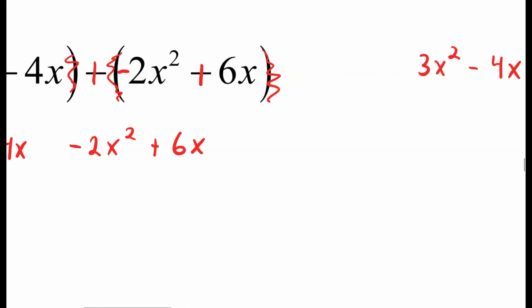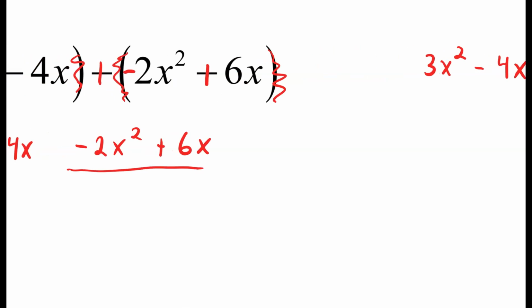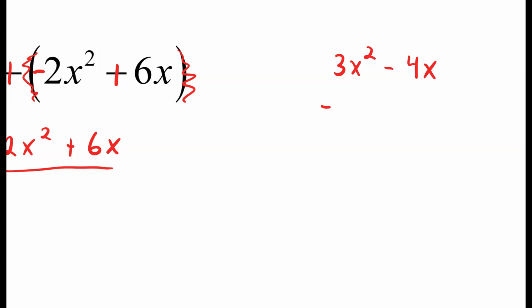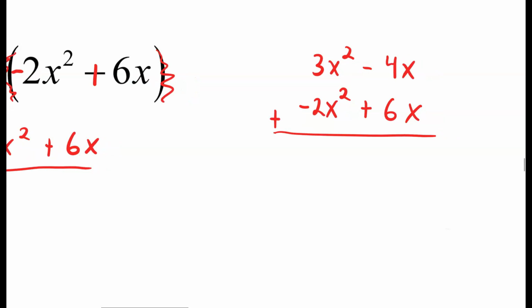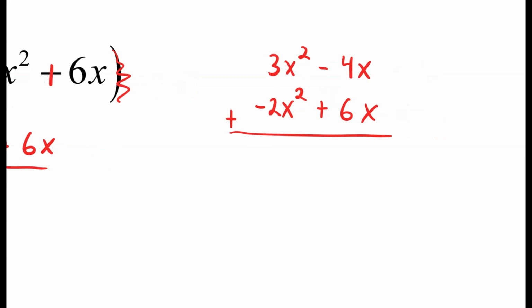Then we have our second part here, which is the negative 2x squared plus 6x. It's important when we are doing this method that we have the x squared over top of the x squared, the x over the x. If we had a constant, we'd have the constant over top of the other constant. If there isn't another one, then you just leave it blank underneath or above it.